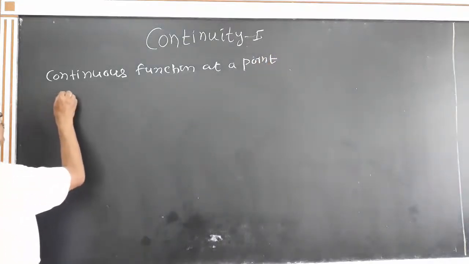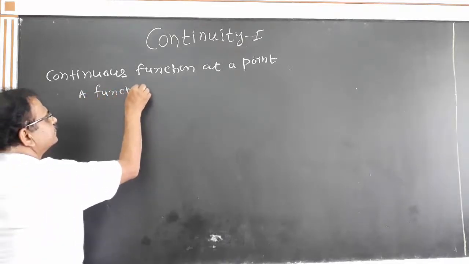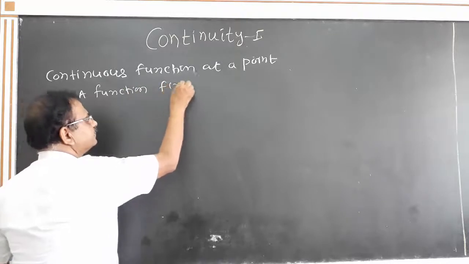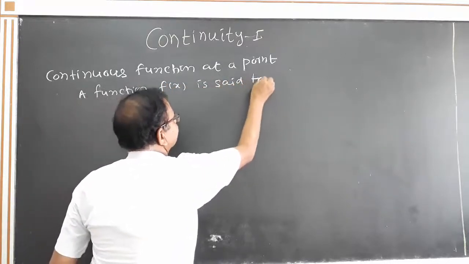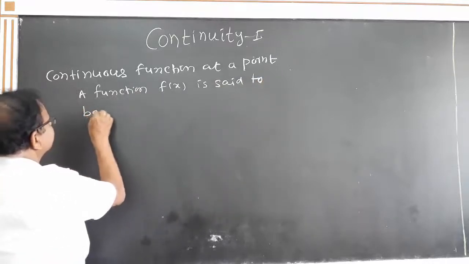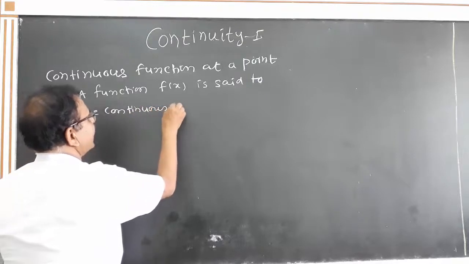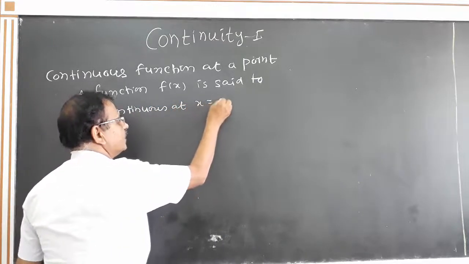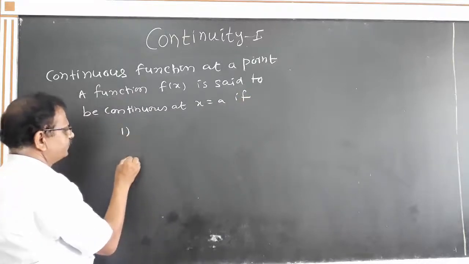A function f(x) is said to be continuous at x equal to a if the three conditions are satisfied.